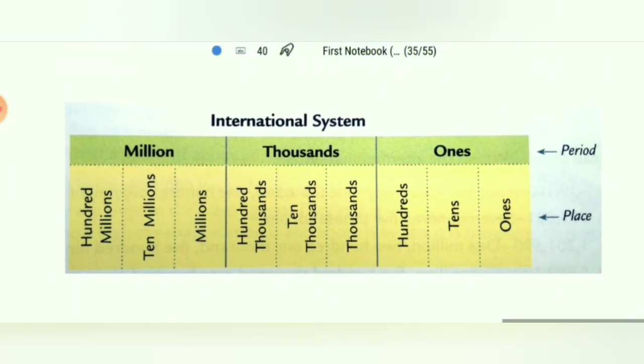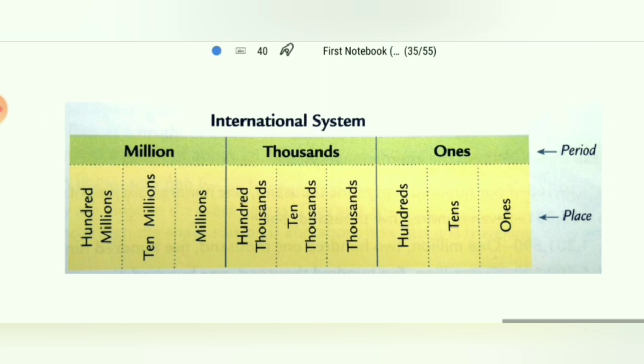After this, we will learn the international system. Again, it is same, divided into 3 periods. The international system has 3 places in each period: ones, thousands, million.